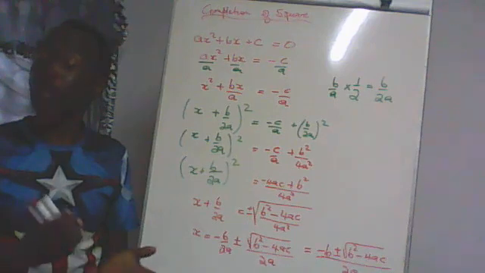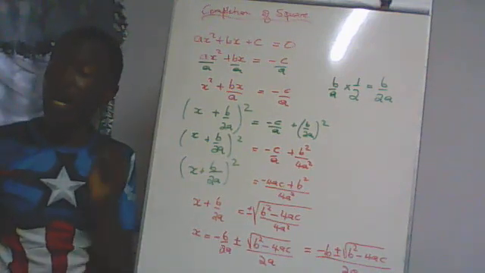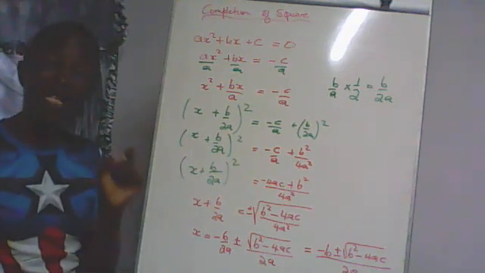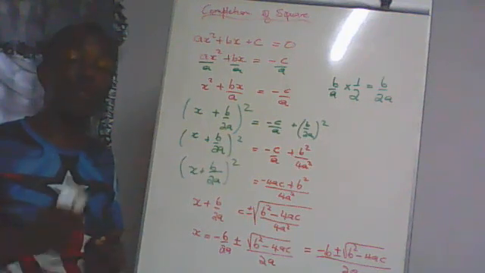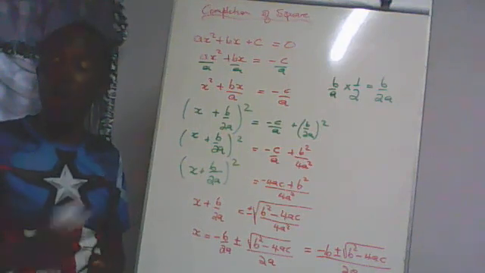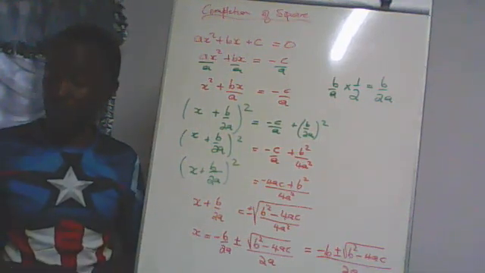How? Prove that in any quadratic equation, x is equal to minus b plus minus the square root of the discriminant, which is b squared minus 4ac, all over 2a. That is how you are supposed to do it.